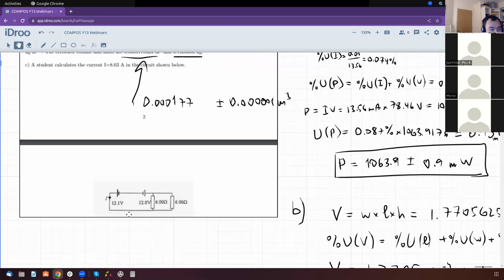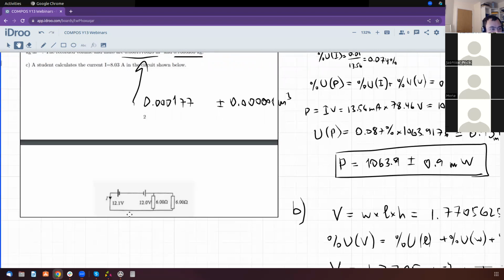Now this one doesn't make any sense whatsoever. In C, the current cannot be 8.03 because the batteries are in reverse. So the combined EMF is 0.1 volt and the combined resistance is 3 ohms.